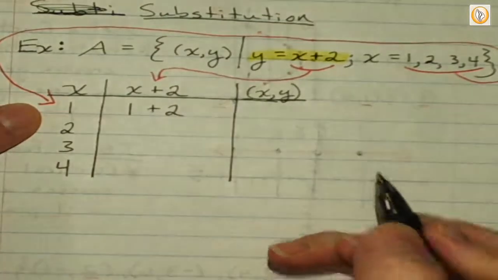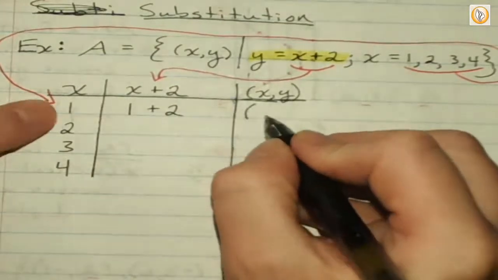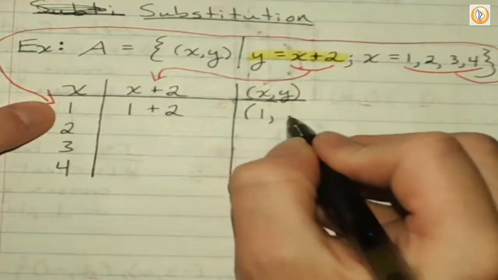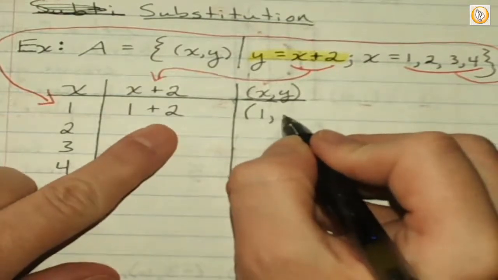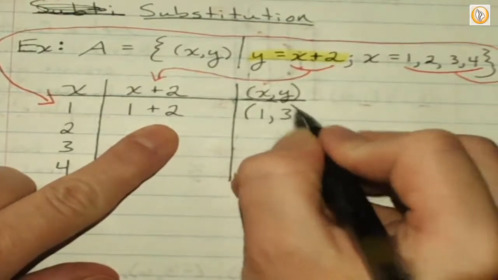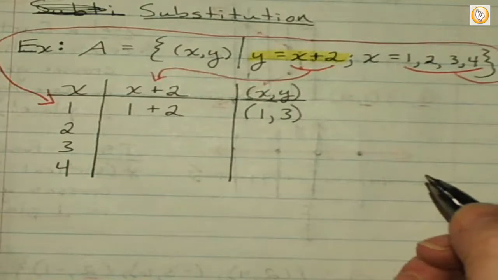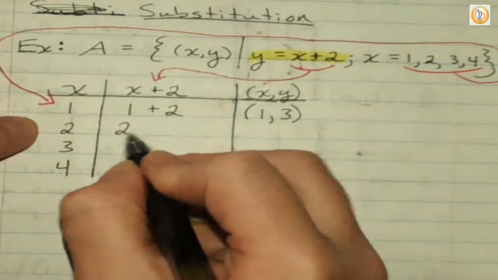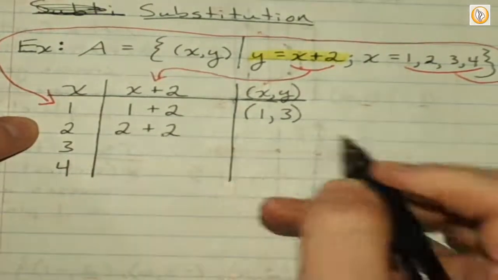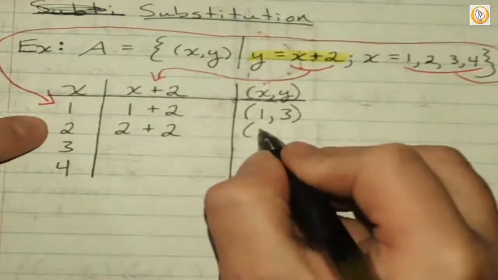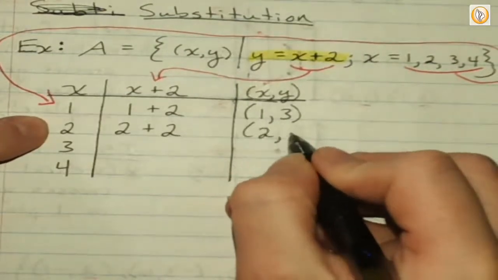So then my X is 1, my Y is 3. See what we're doing here? So then we're just going to keep substituting. Make sure you bring over your X.